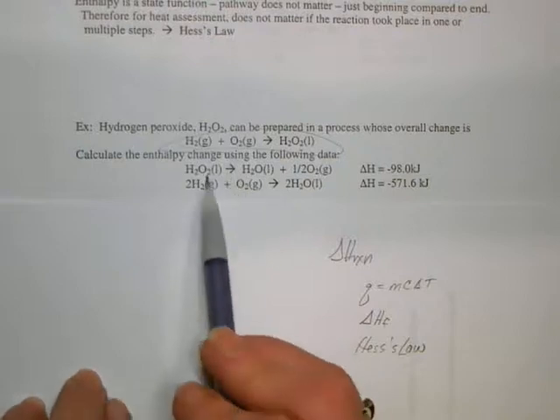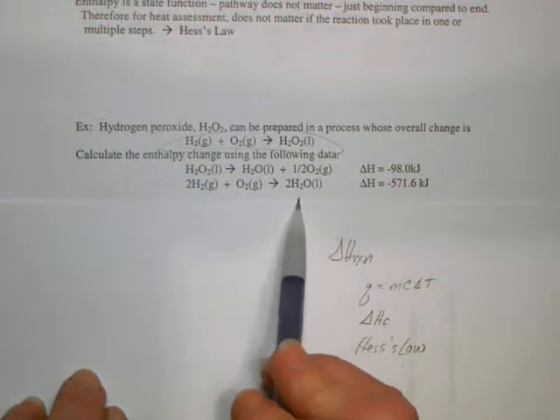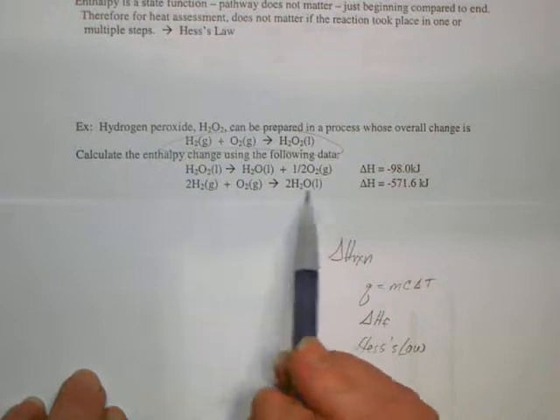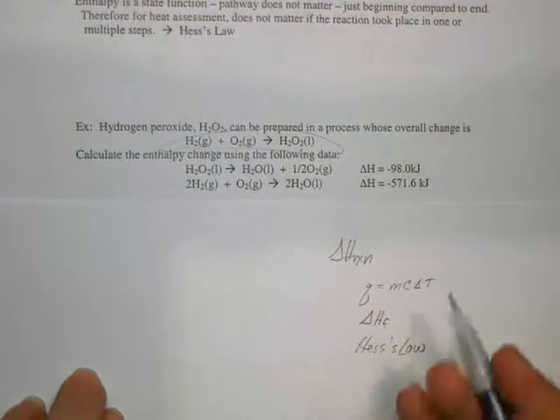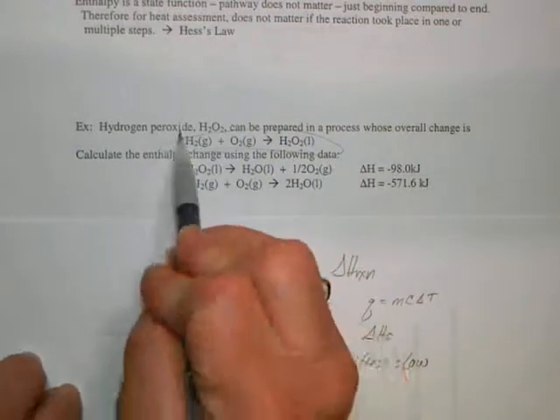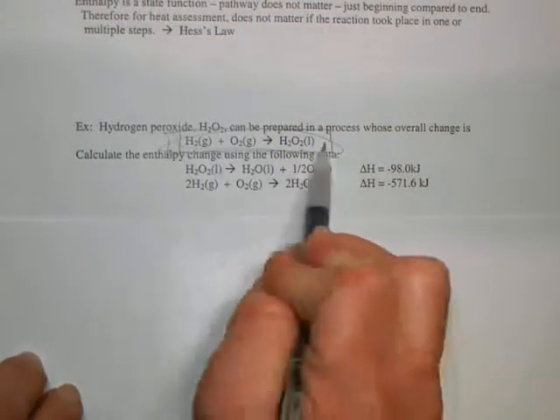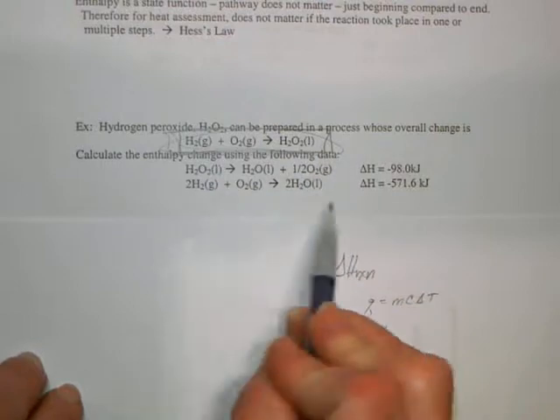And so, can we be given stepwise little mini reactions that we can manipulate to obtain the overall reaction? So we're actually going to apply some guidelines that we learned in Chapter 4 in balancing oxidation-reduction reactions. All right, what we want to do is obtain this overall reaction by manipulating these mini reactions.